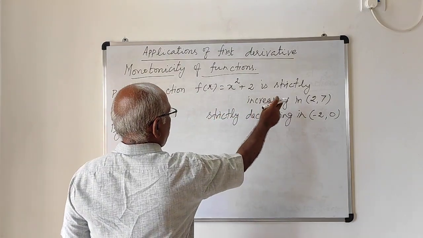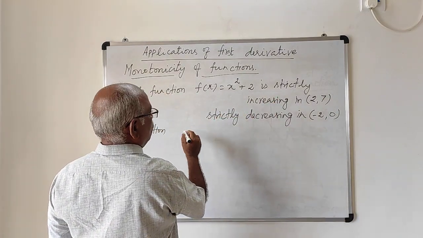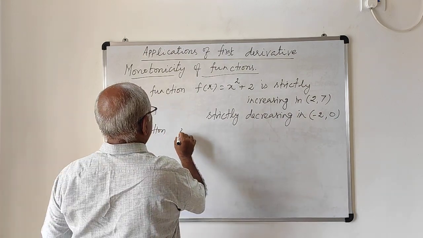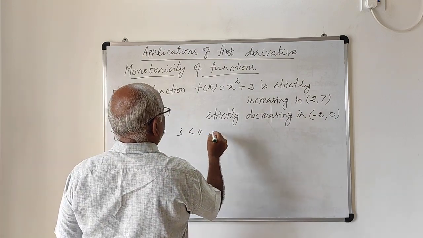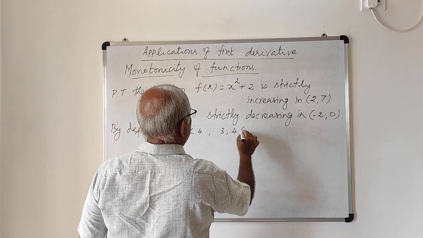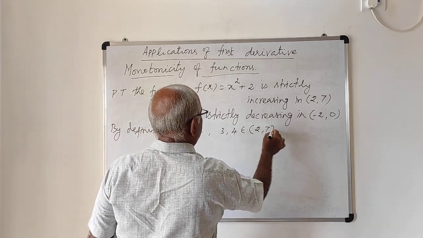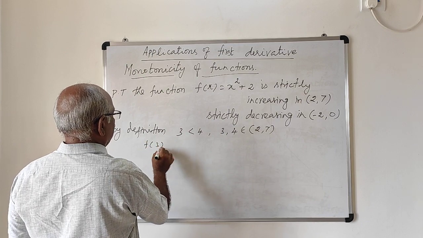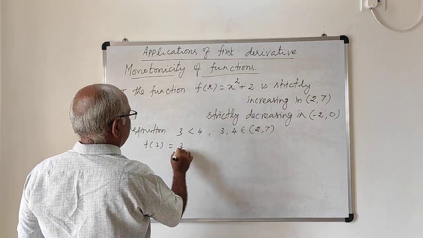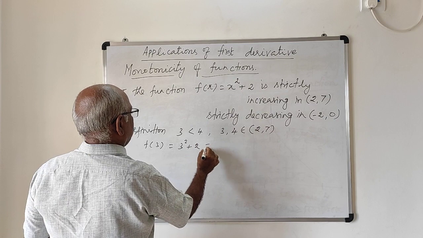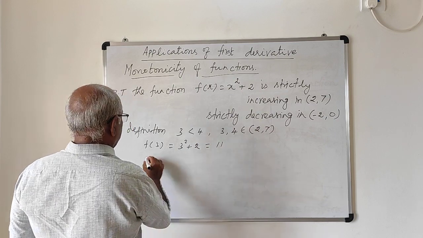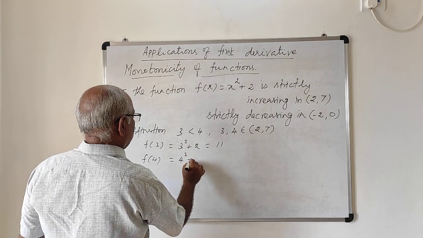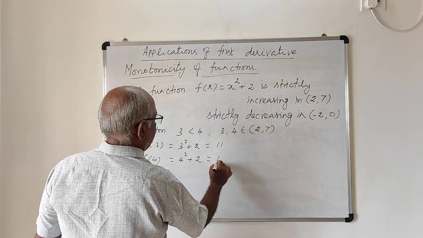Say in the interval 2 comma 7, I can consider 3 comma 4. 3 is less than 4, where 3 comma 4 belongs to the open interval 2 comma 7. So what is f of 3? f of 3 is 3 square plus 2, that is 9 plus 2, 11. What is f of 4? 4 square plus 2, 16 plus 2, 18.